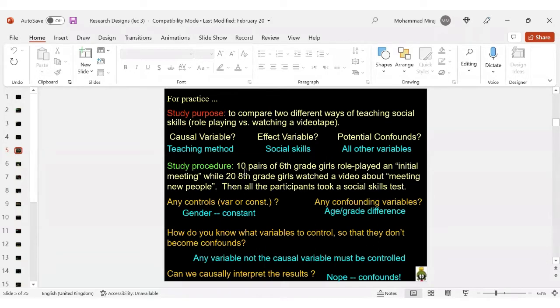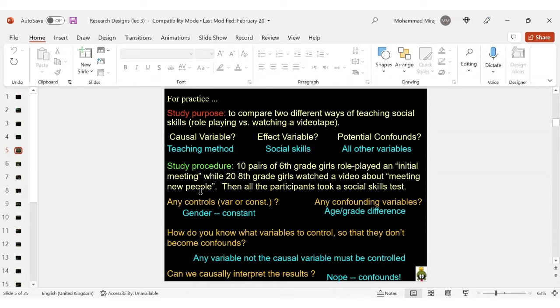We have taken 10 pairs of 6th grade girls who role played an initial meeting, while we took 10 pairs of 6th grade girls who watched a video about meeting new people. So these are two different types of skills.